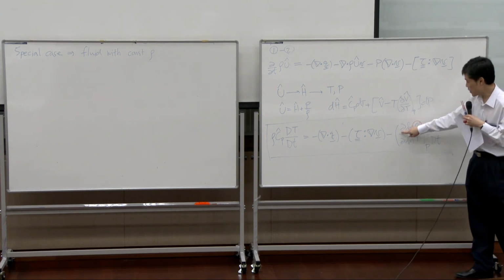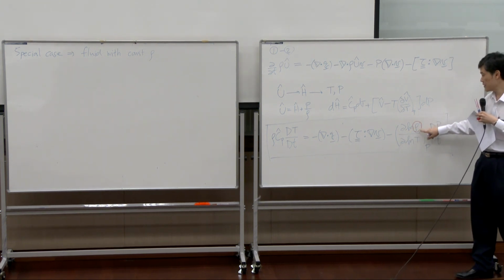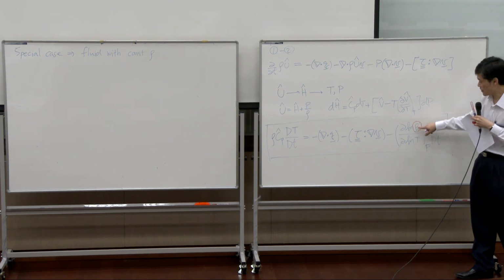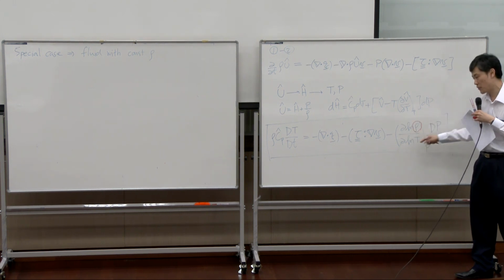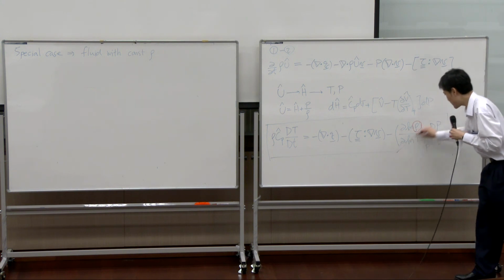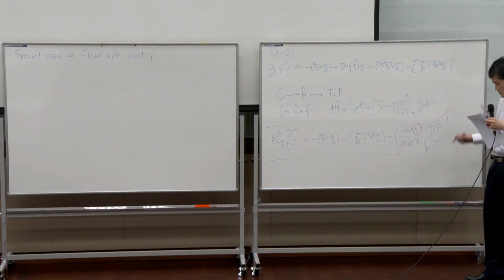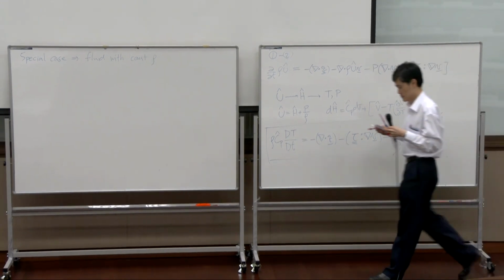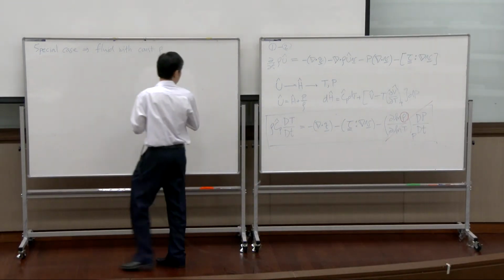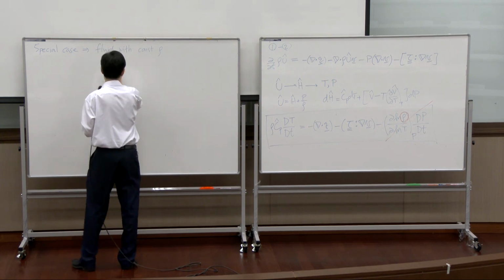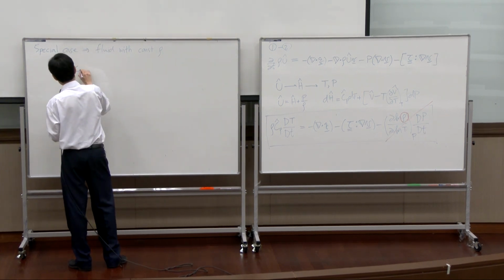This is change in logarithm of density. As long as density is constant, differentiation here turns to be 0. So you can drop the whole term here if your fluid is incompressible. All right? So under this assumption, you end up with this equation.